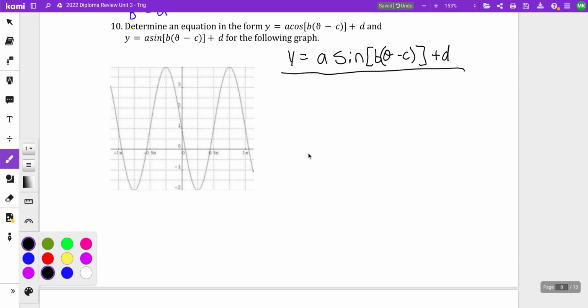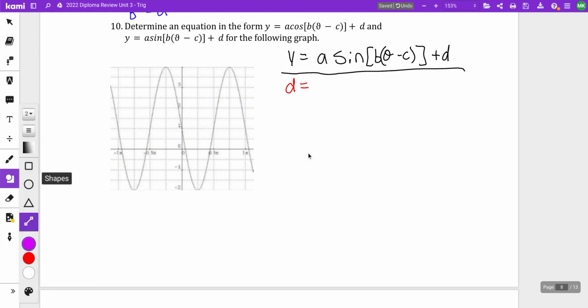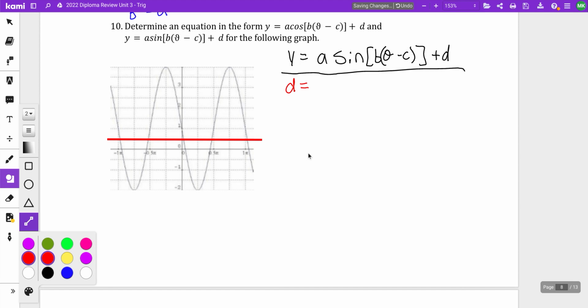Always easiest to start with your D value. The D value is your midline. Right, looking at this, sketch your midline. If you sketch it wrong, so say you sketch it like here, it's wrong because the distances aren't the same.